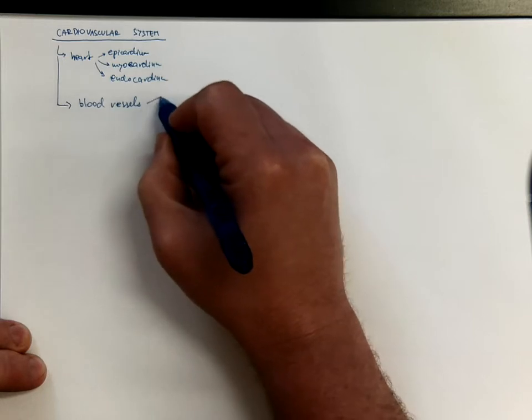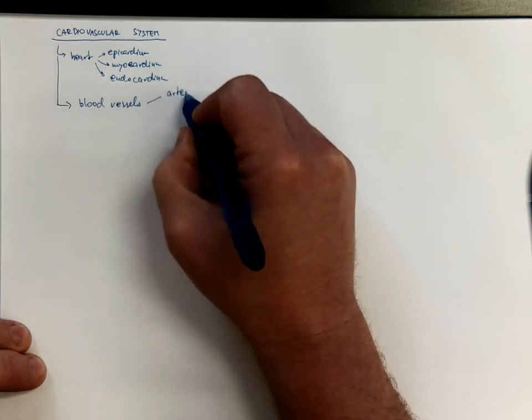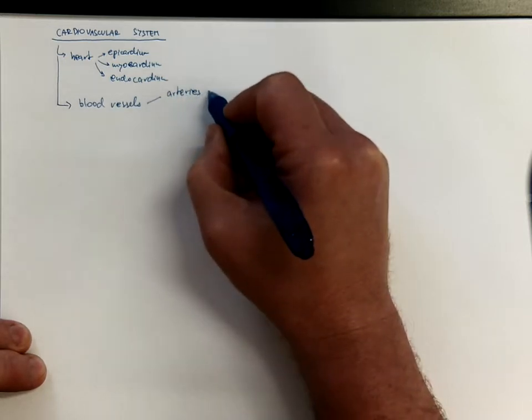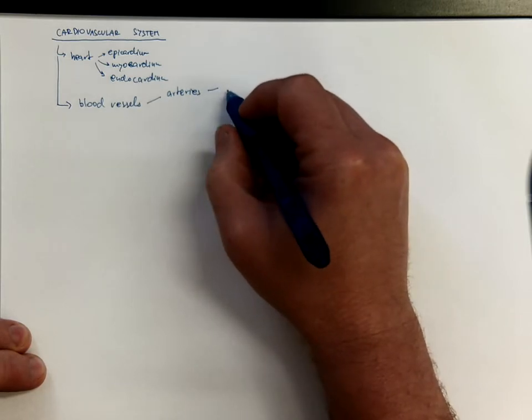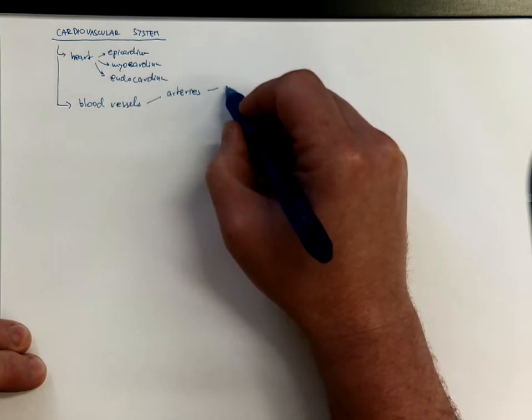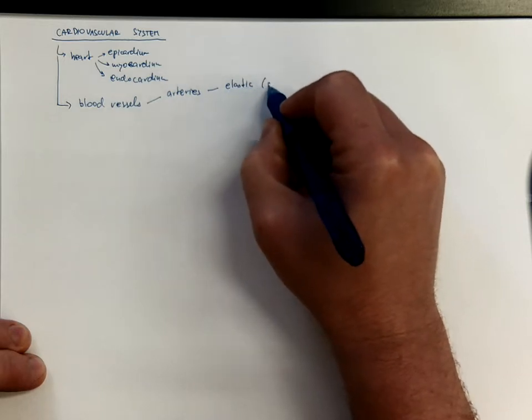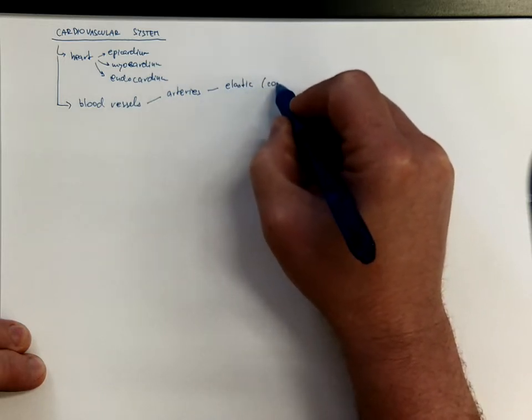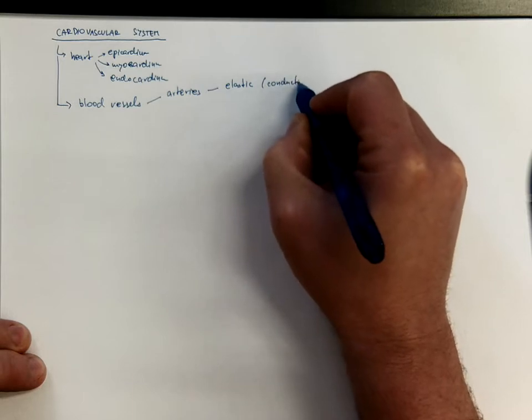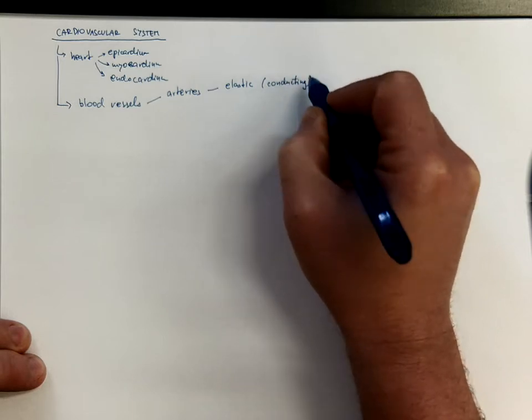That includes arteries. The largest arteries with the largest diameter closest to the heart are elastic arteries. They are also called conducting arteries, such as the aorta.